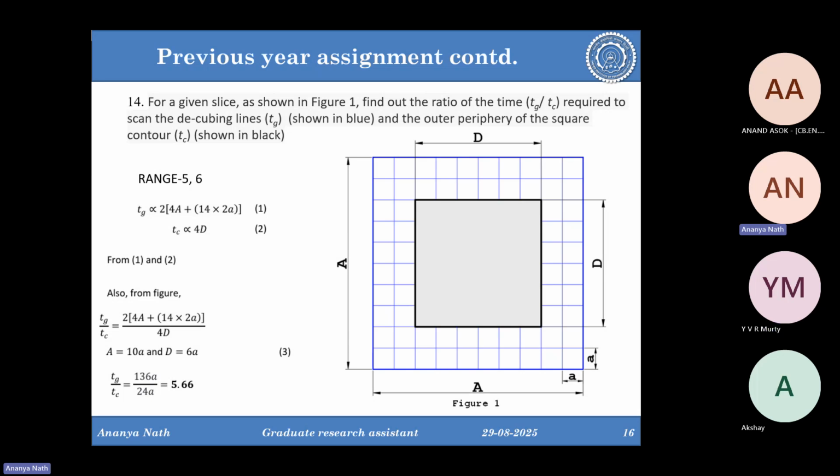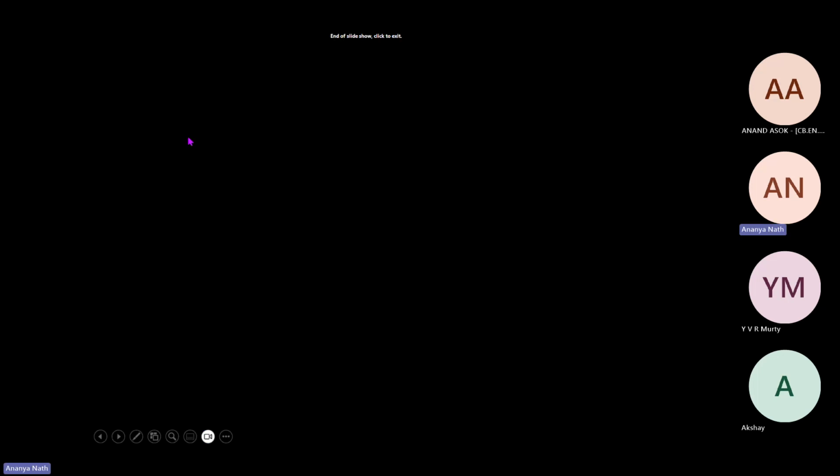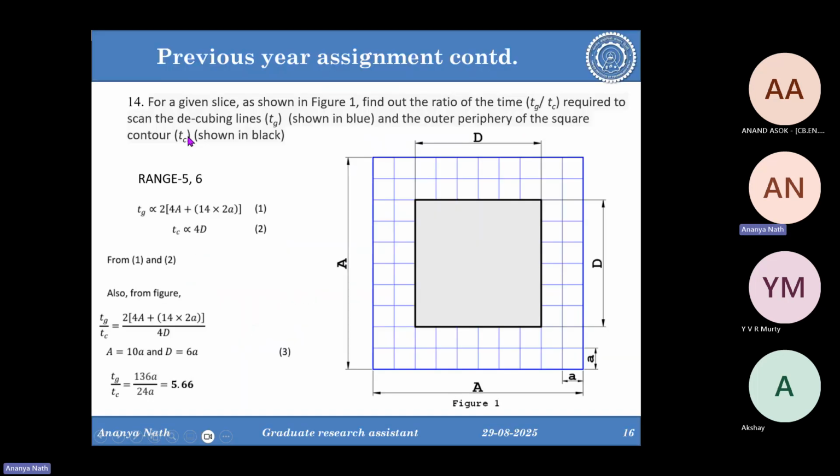So the logic is how many lines are there? It says how many lines it is taking for the black one, which is TC.